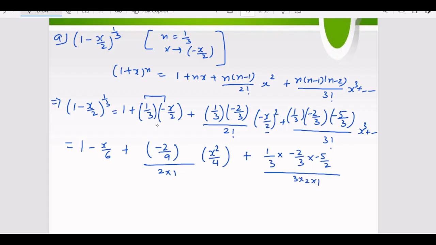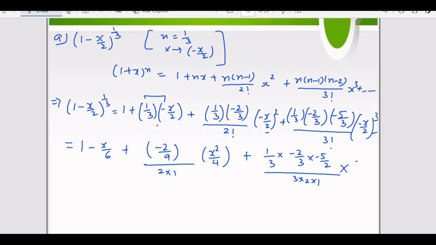Sorry, I missed out here, not x cubed, x is going to be replaced here by negative x over 2 cubed. So this is going to be minus x cubed over 8.